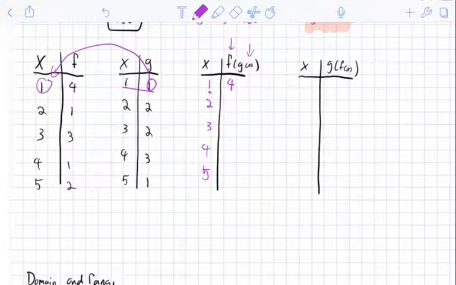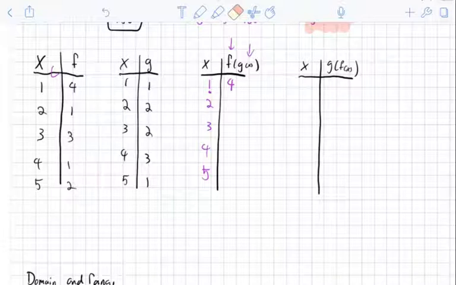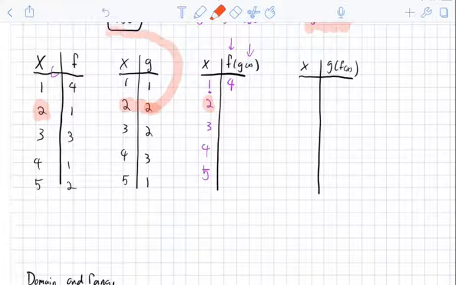Okay? Let me try the next one. When x is equal to 2, that corresponds to g is equal to 2. When the input's 2, the output's equal to 1.